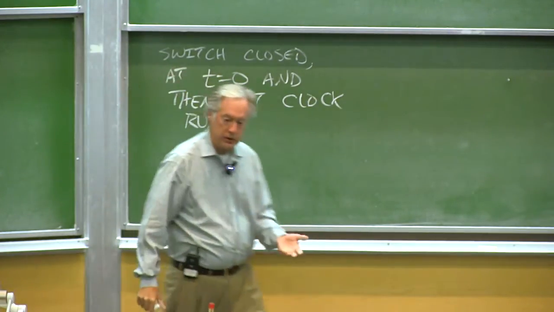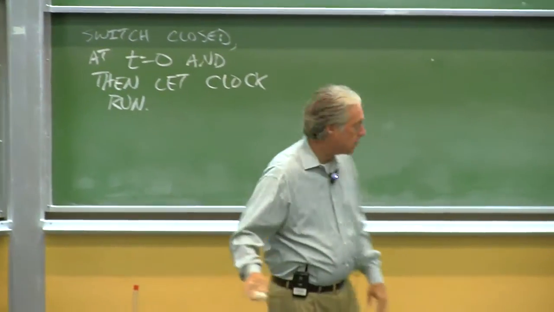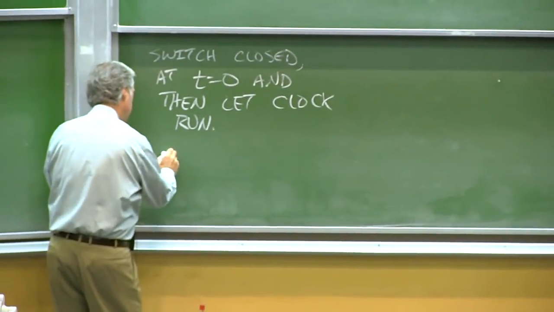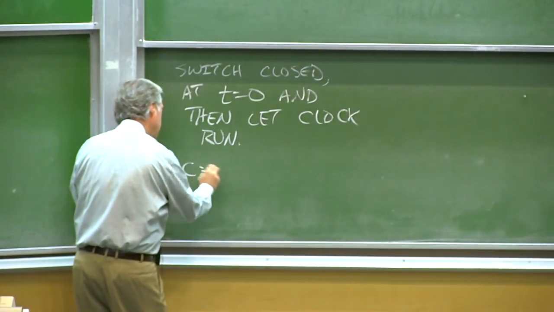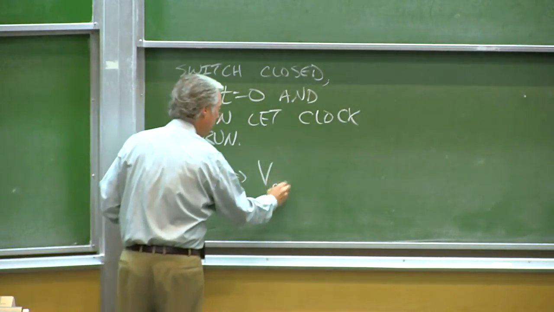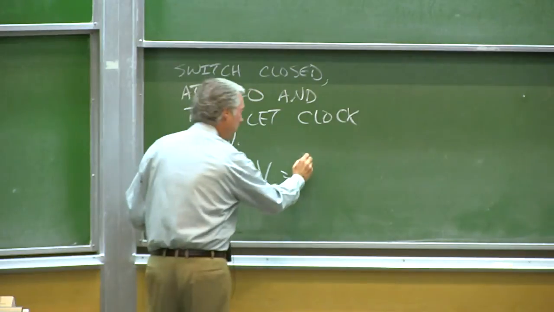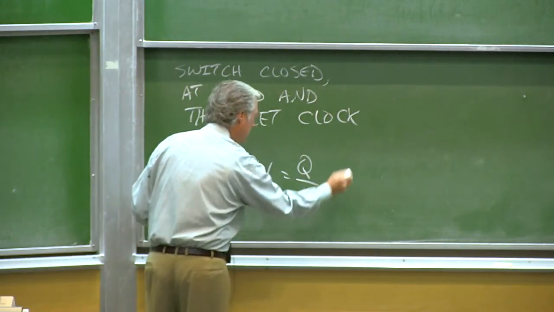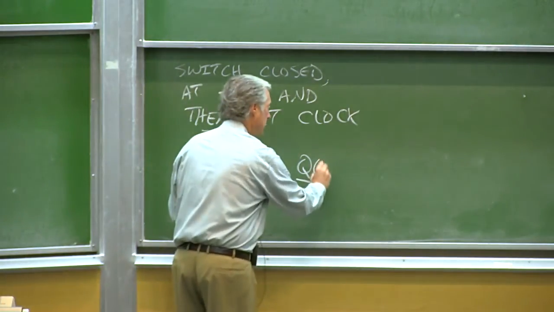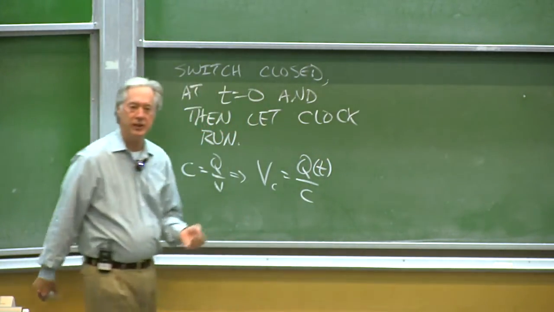Okay, what's the voltage look like at t equals 0? We've got a voltage on the capacitor. We know that capacitance is the ability to store charge. So the voltage on the capacitor is equal to the charge on it divided by C. And then this is going to be a function of time, isn't it?